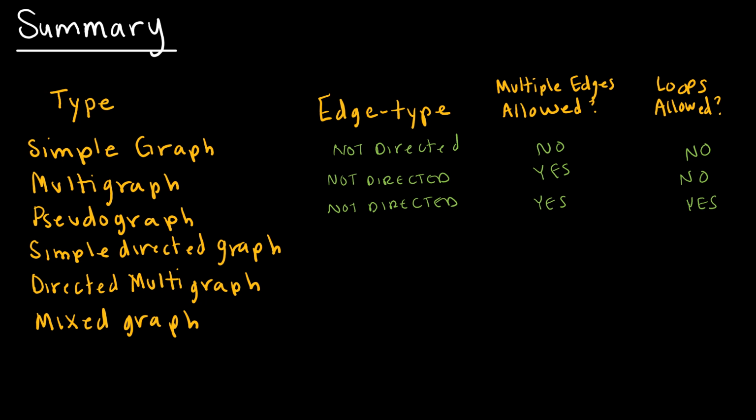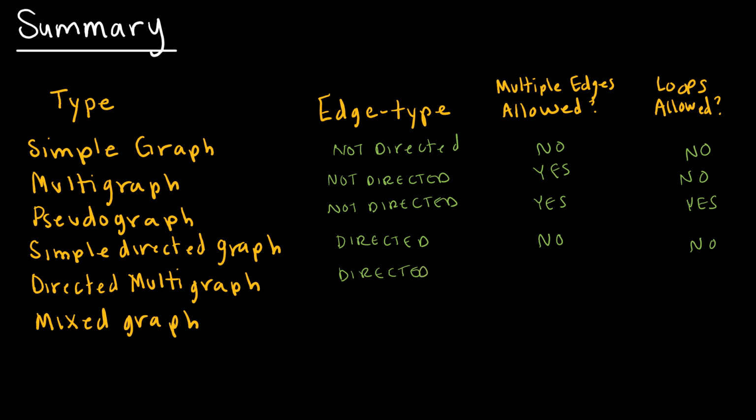So now let's talk about directed graphs. We just sort of threw it out there, but I didn't talk about any specifics on the directed graph. There is such a thing as a simple directed graph, which of course would be directed for the edge type. But because it is simple, again, we would not have multiple edges or loops allowed. If I look at a directed multigraph, it again does have directed edges.